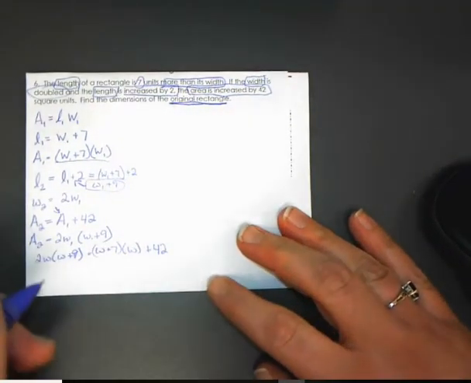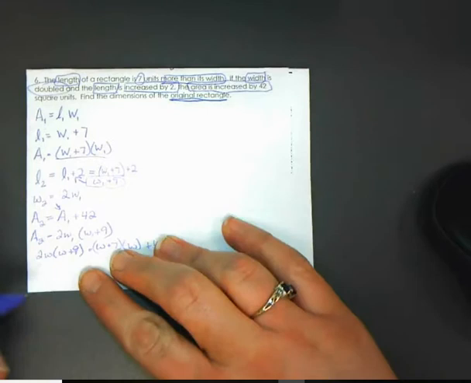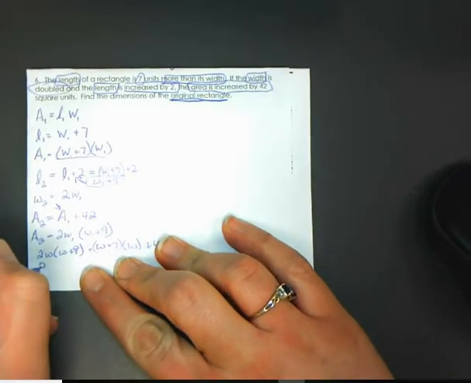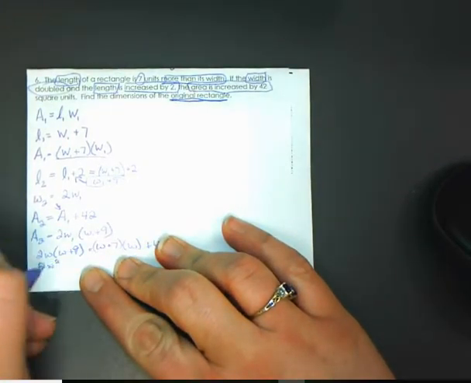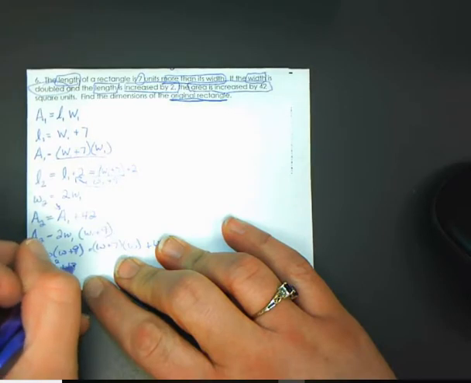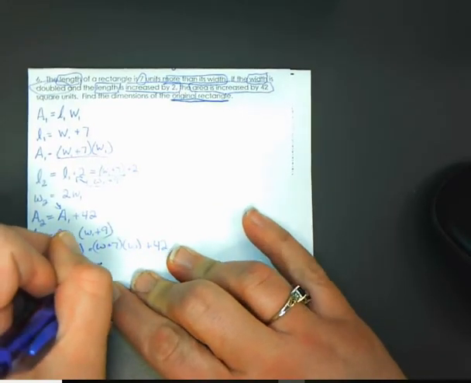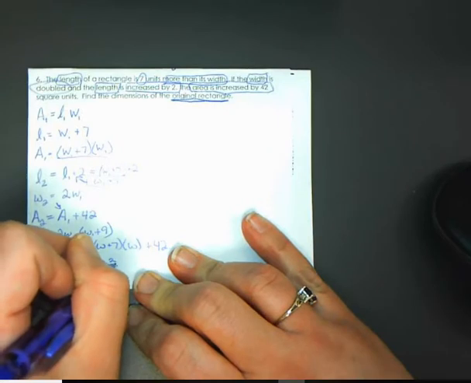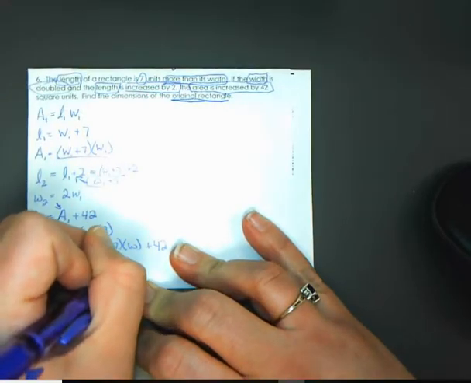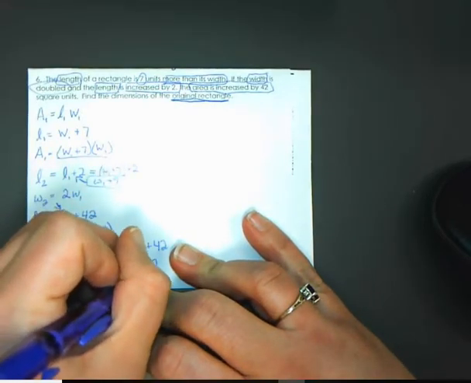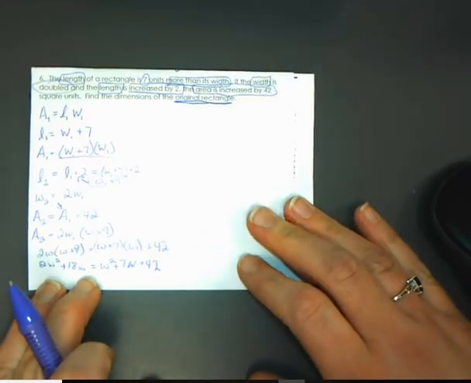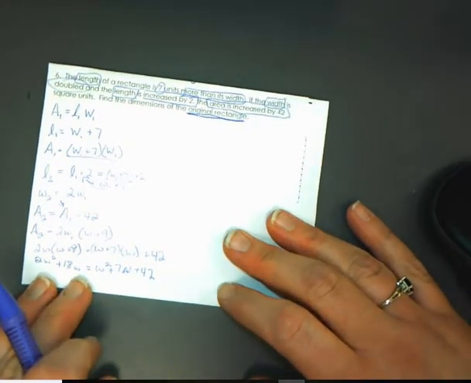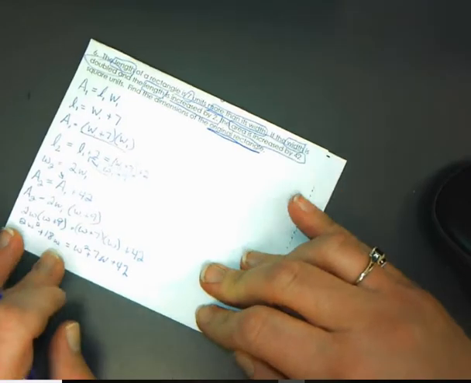All right, so we're going to go ahead and distribute. We're going to have 2W squared plus 18W is equal to W squared plus 7W plus 42. And again, we can solve this multiple ways, but let's get everything together on one side of the equal sign.